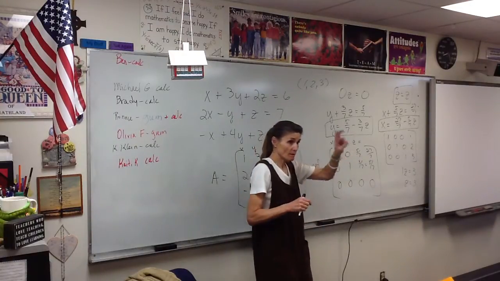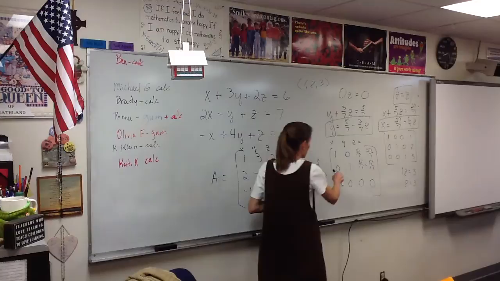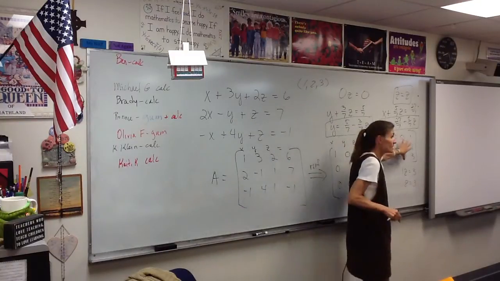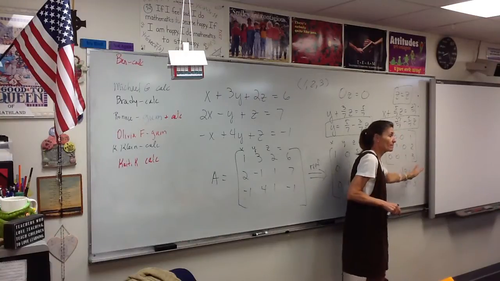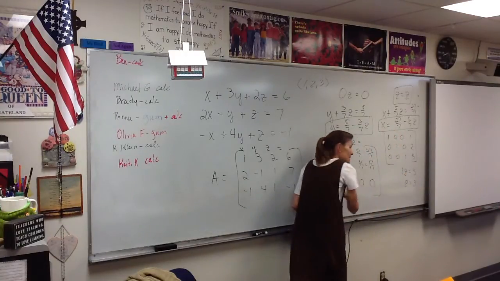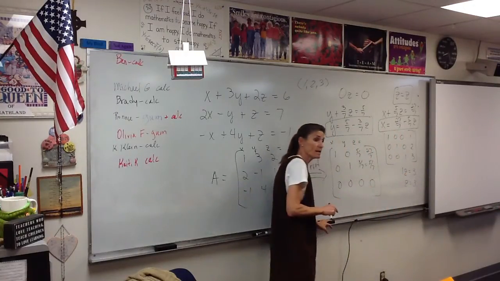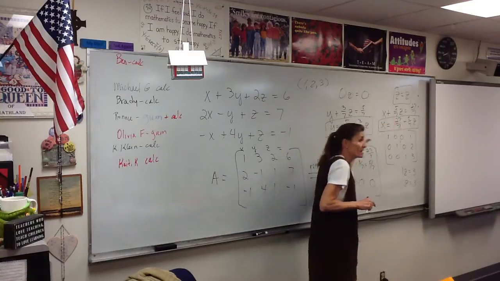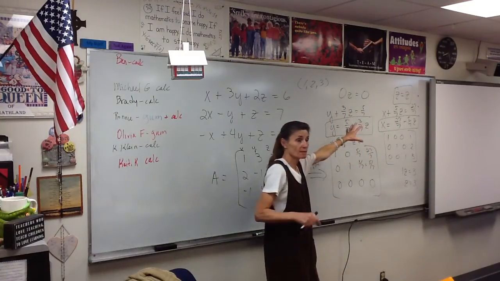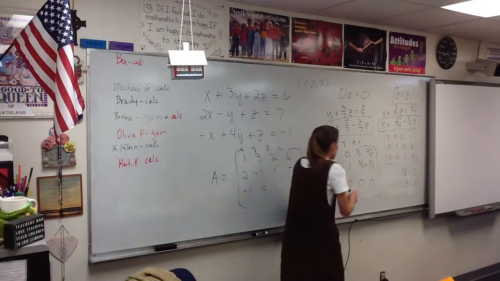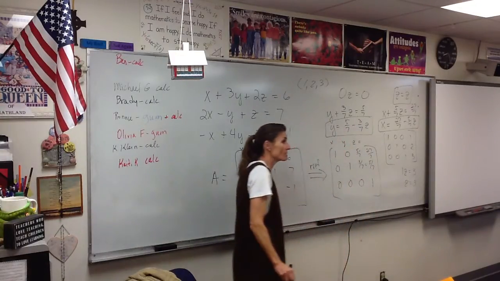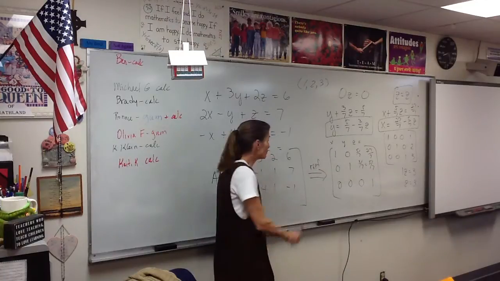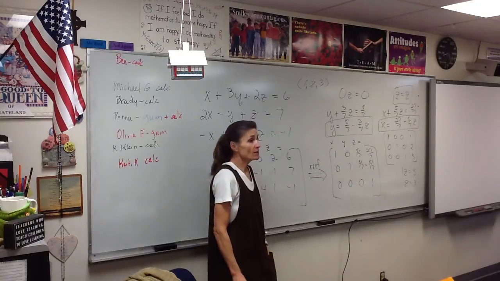Okay, so we talked about 2 scenarios so far. If we get something that looks like this, then that clearly says that's the point 1, 2, 3. If we get something like this, then we know we're gonna have infinitely many solutions. We'll practice another one of those. If you get this, when you RREF it, then you've got no solution.